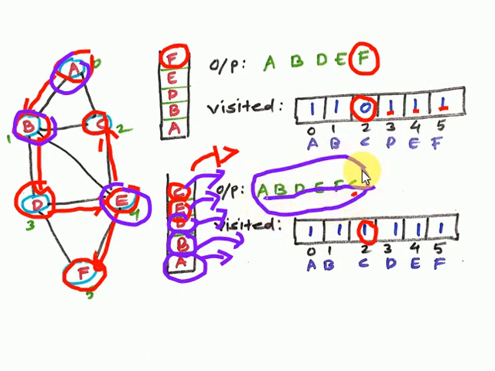Now let us try to summarize the steps for DFS traversal. First of all, we are considering a single vertex. We are pushing that vertex onto the stack. We are printing that vertex and marking that vertex as visited. Then we will find the adjacent vertex of that particular vertex, provided that vertex is not visited.